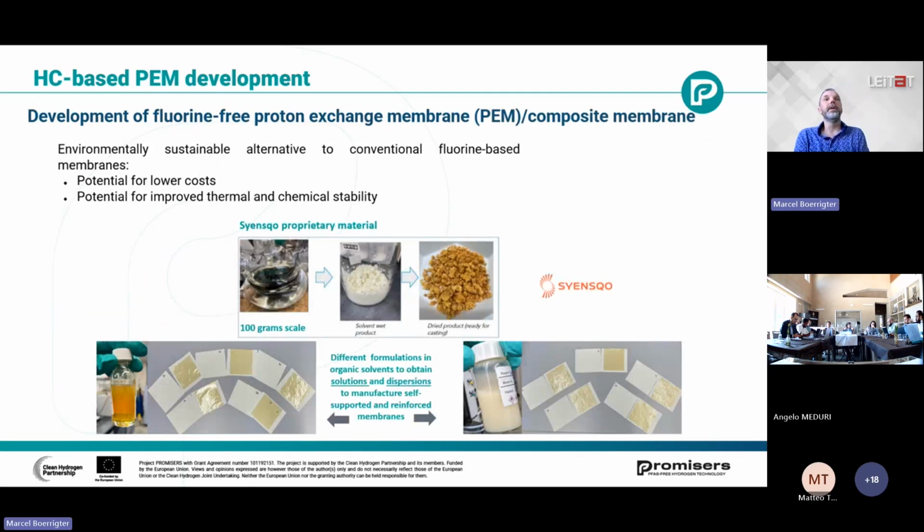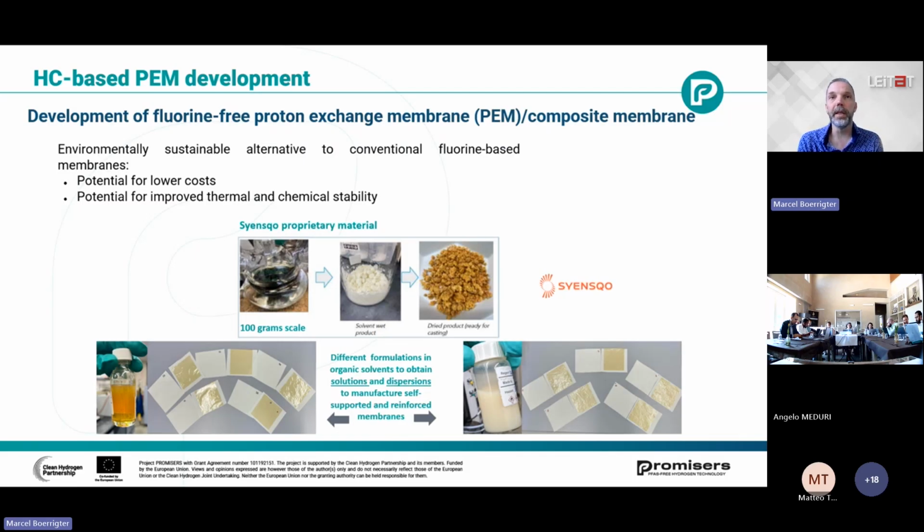Then we have the other part, the hydrocarbon-based ionomers by HYScale. They first started with small batches, as they want an environmentally sustainable alternative to fluorine-based membranes, with lower cost and improved thermal and chemical stability.